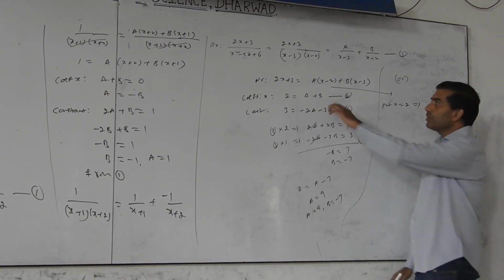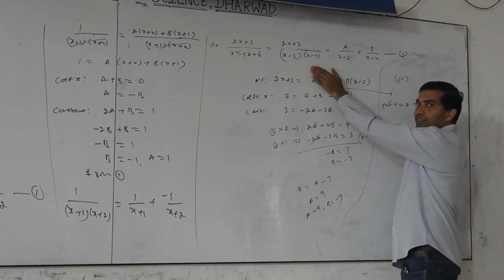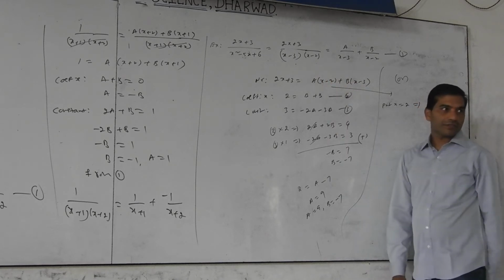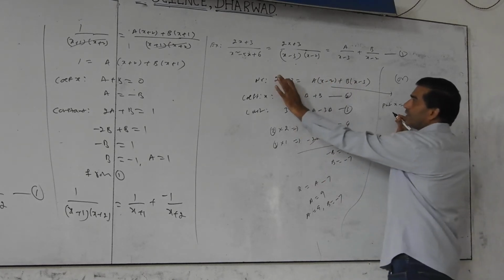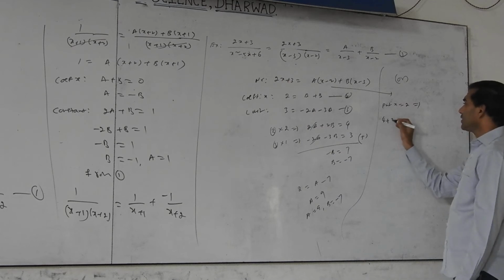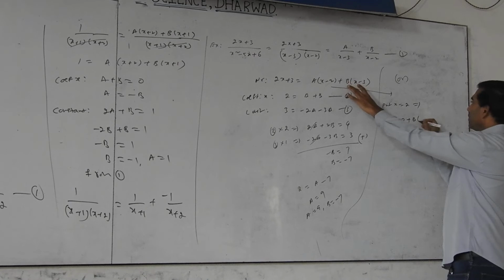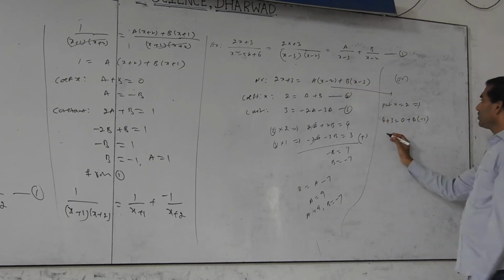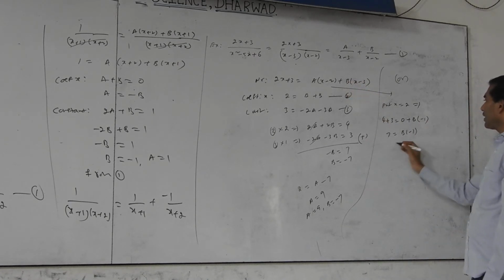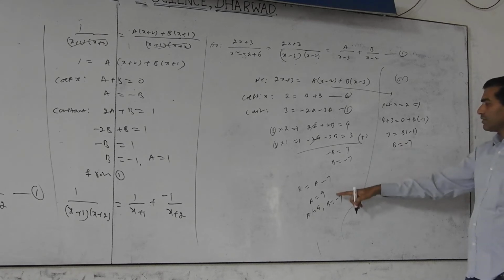Why x = 2? Because then the A term becomes 0 and we get B. Put x = 2: on the left side 2·2 + 3 = 7, on the right side 0 + B(2 - 3) = -B. So 7 = -B, hence B = -7.